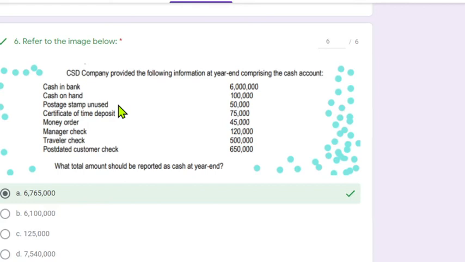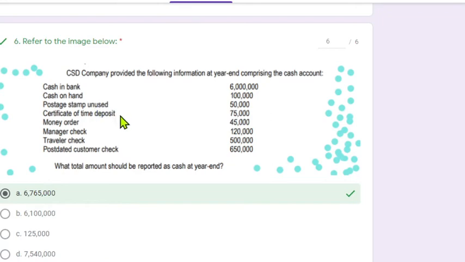It depends kung ano ang value nung parcel. Postage stamp unused, hindi pa siya nagagamit pero meron ka on your cash box. So, yun ay supplies. Hindi siya kasali sa cash. Separate yun.